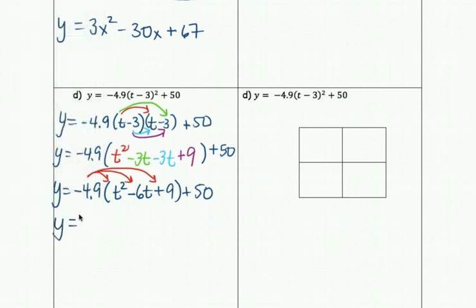Just take your calculator to these now. So this is -4.9 times 1, since there's a 1 here, so it becomes -4.9t squared.